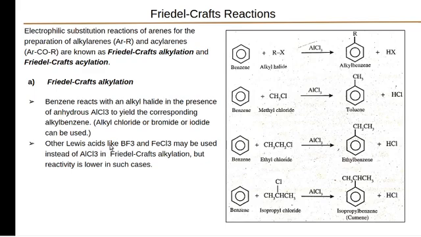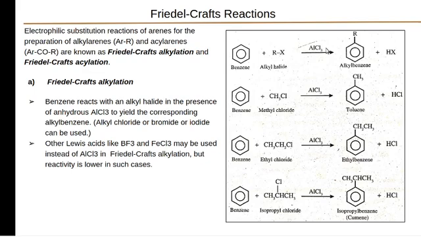Other Lewis acids like BF3 and FeCl3 may be used instead of AlCl3 in Friedel-Crafts alkylation, but reactivity is lower in such cases. So in this reaction, benzene reacts with alkyl halide RX in the presence of a Lewis acid.